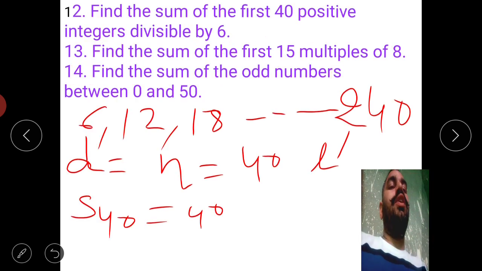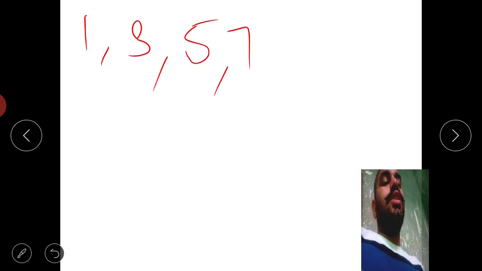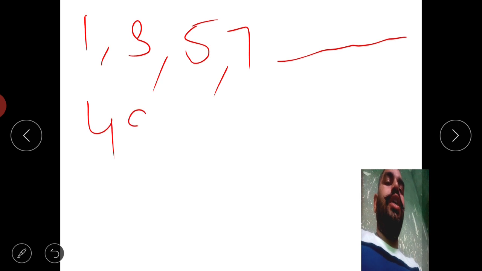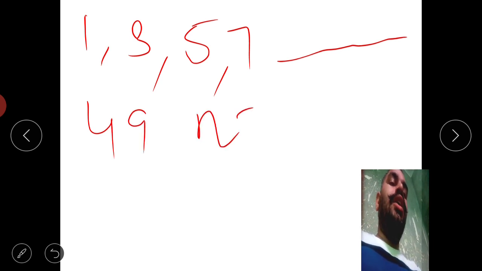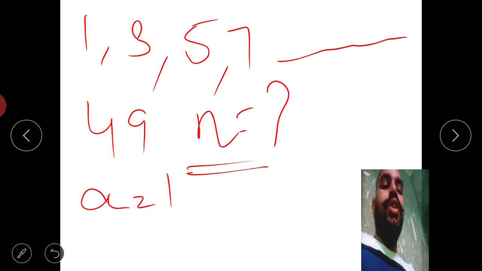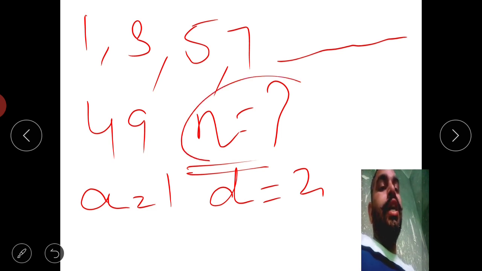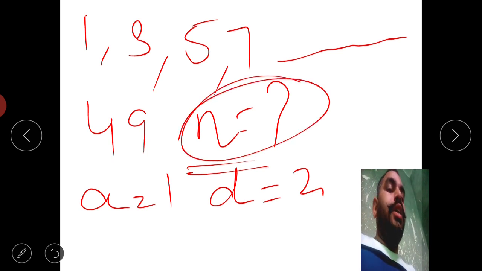The next question is: find the sum of the odd numbers between 0 and 50. So the odd numbers between 0 and 50 are 1, 3, 5, 7, up to 49. First find n, how many odd numbers there are. Then a is 1 and d is 2. How do you find n?